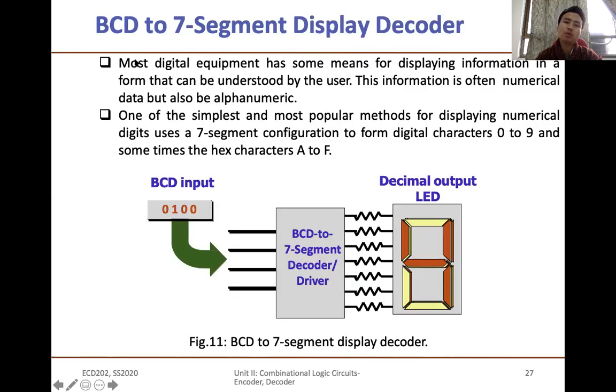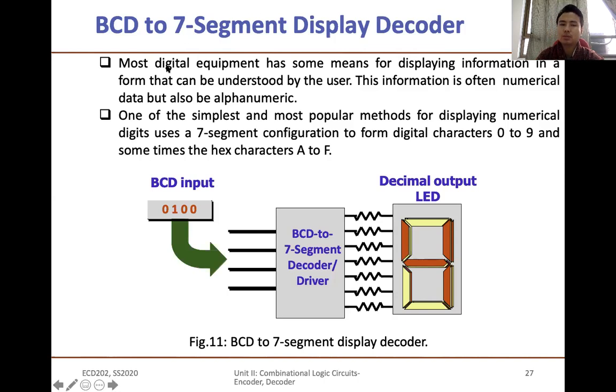Now we will look into the 7-segment display. There is a decoder which is called the BCD to 7-segment display decoder. This is the device which will convert the BCD input to a decimal display.